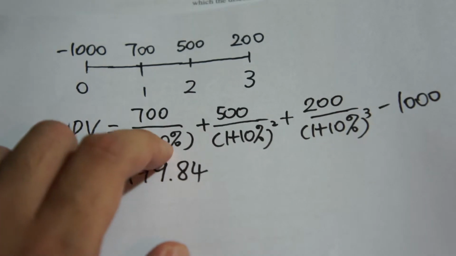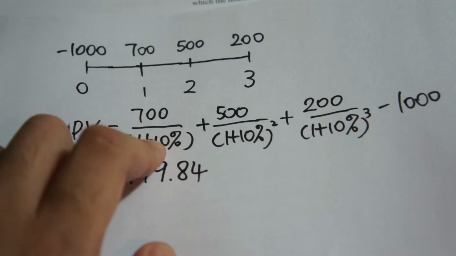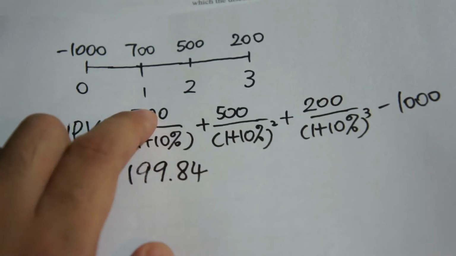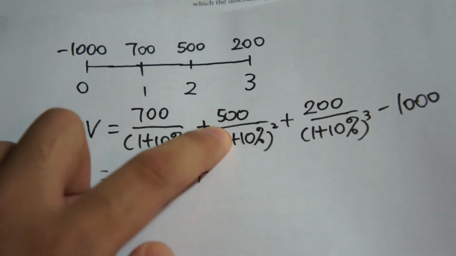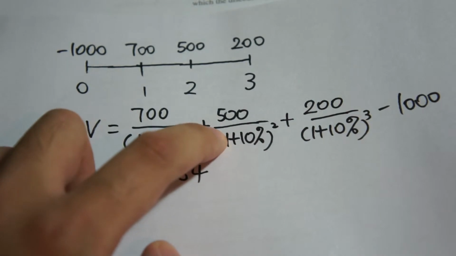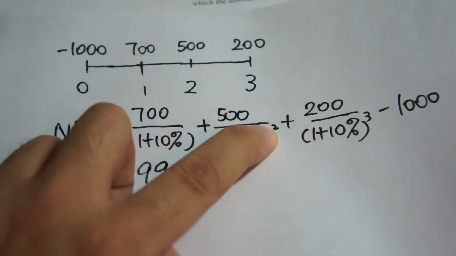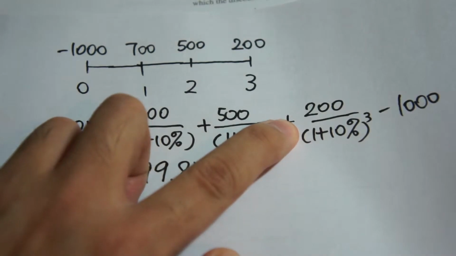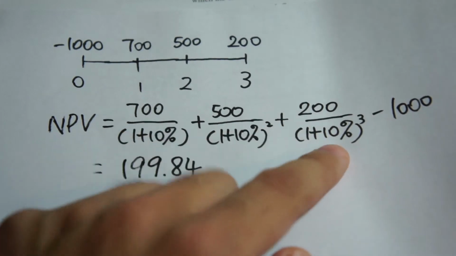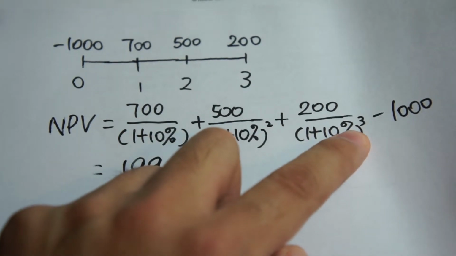This gives the value of the $700 at present. 500 is the value in 2 years' time, so we divide it by 1 plus 10%, but make sure to square it. For the 200, because it appears in 3 years' time, we divide it by 1 plus 10% to the power of 3.